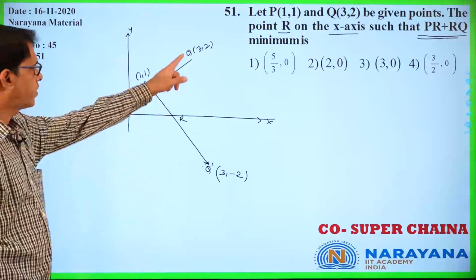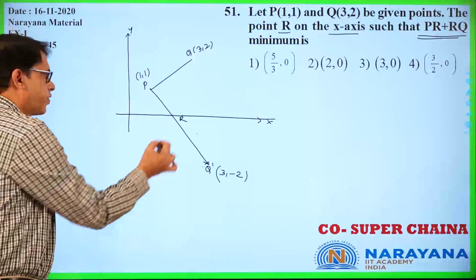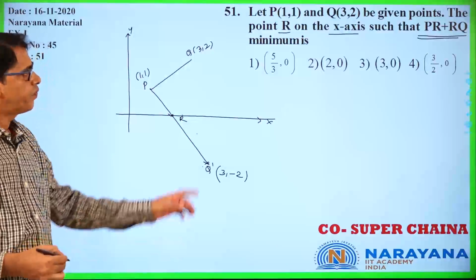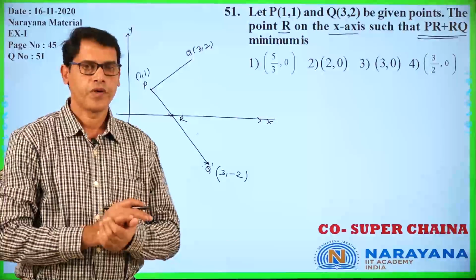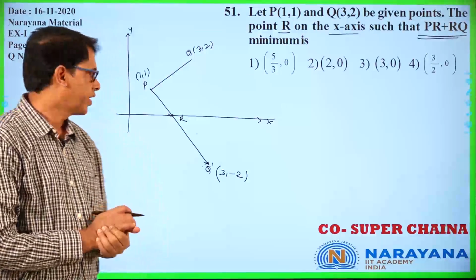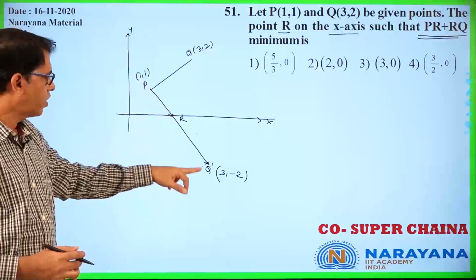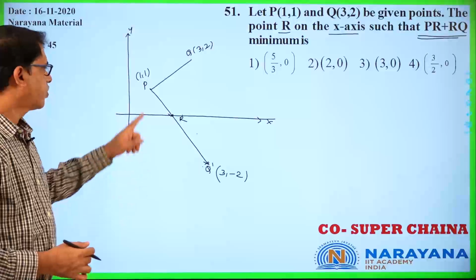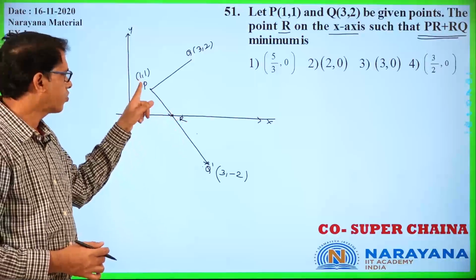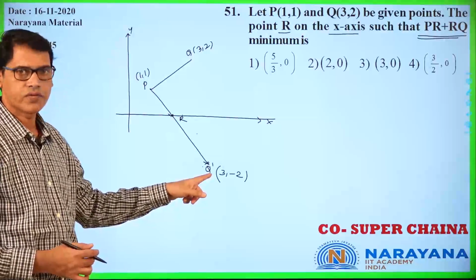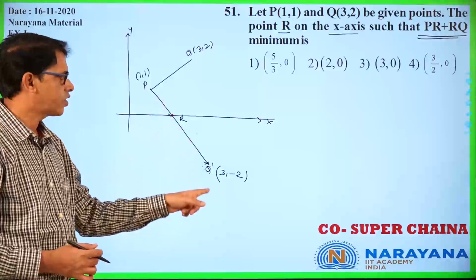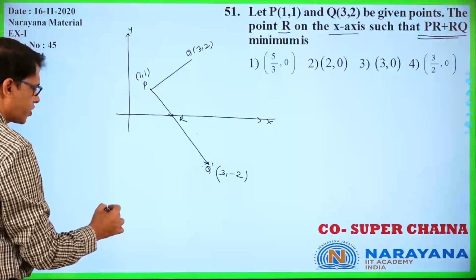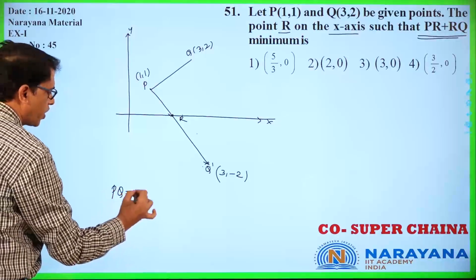So this one is the image of this one. Here, if PR plus RQ is minimum, then P, R, Q dash must be collinear. Now how to find the R value? We know the coordinates of P and Q dash. Find the equation of PQ dash.